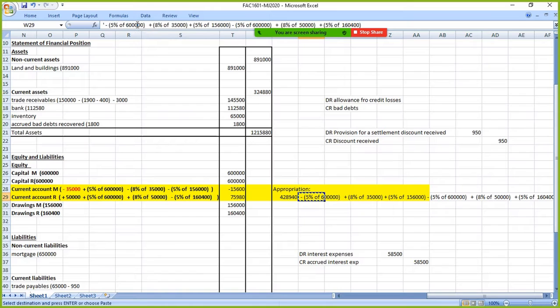So what is the appropriation amount going to be? Let's work out the figure. 5% of, 8% of.